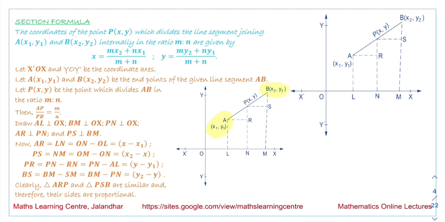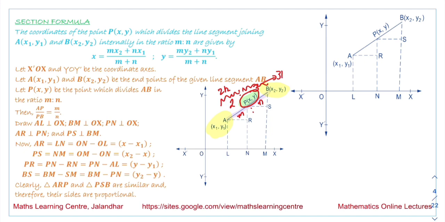Section formula means we want to find another point P. We join these 2 points A and B, and we find this point P(x, y) such that point P divides this line AB in the ratio m is to n. Suppose it is dividing in the ratio 2 is to 3. Then for some constant k, this length is 2k and this length is 3k.